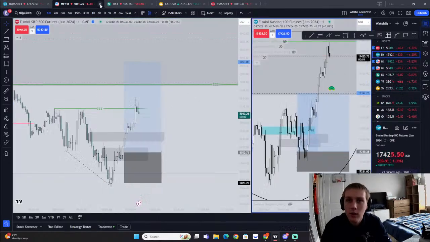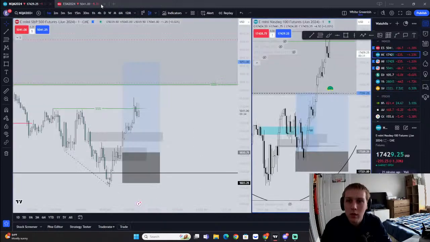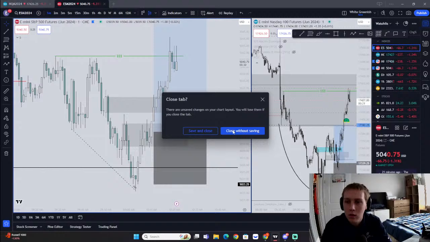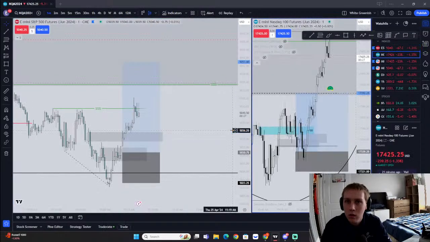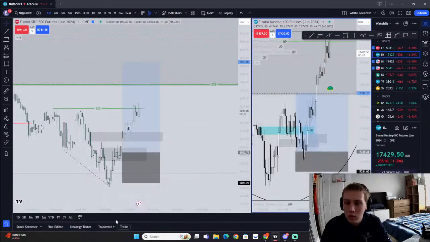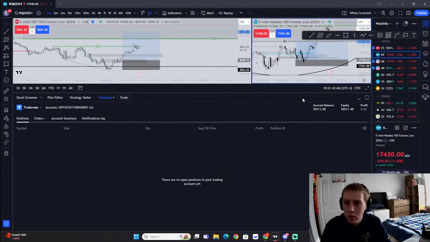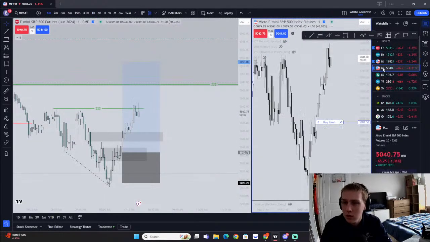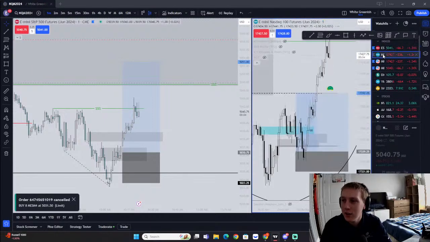So can I only have one tab open? Alright, here we go. Oh, I can't add multiple tabs. Alright. That would have been bad, y'all.